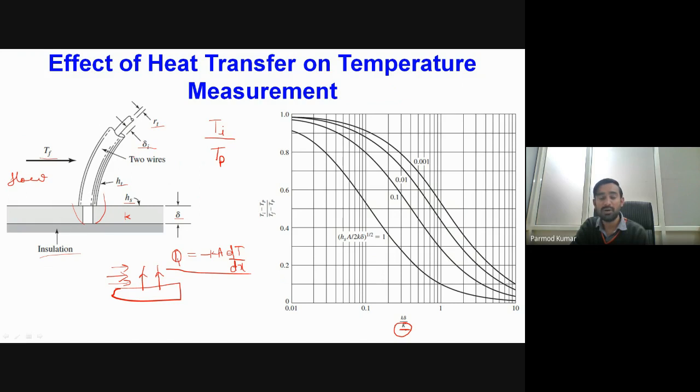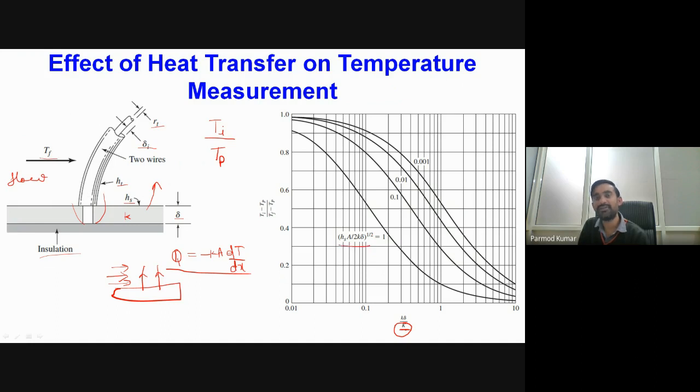Now one important effect of heat transfer is actually pending, that is the convective heat transfer from this surface into the flowing fluid. That convective heat transfer is accounted over here, and it has been taken in the form of this non-dimensional parameter Hs into A divided by 2k delta, whole to power 1 by 2.